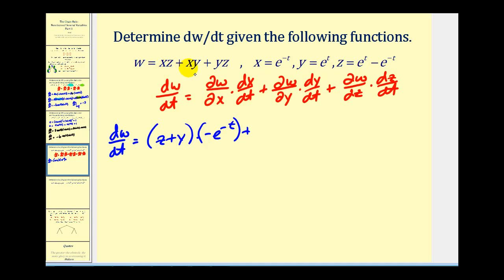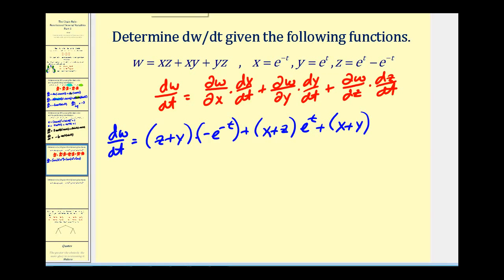This would be 0, this would be x, and this would be z. So we have x plus z times dy/dt, that's going to be e to the t, plus the partial of w with respect to z, so we'll have x plus 0 plus y, or x plus y.